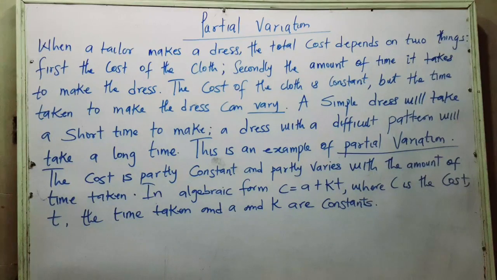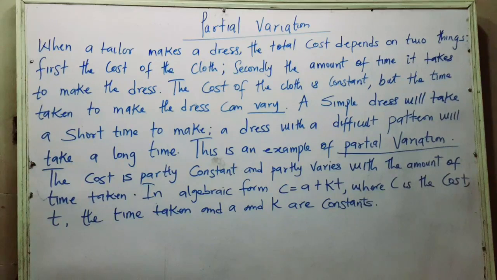This is an example of partial variation, and it is represented by partial variation in algebra. The cost is partly constant, because the tailor must collect an amount of money, and partly varies with the amount of time taken.